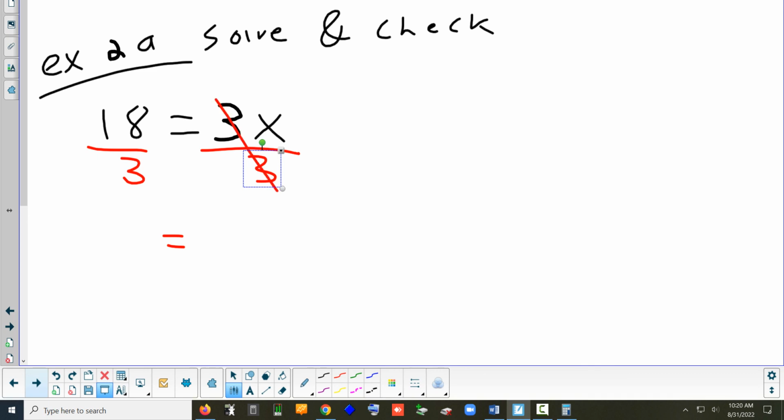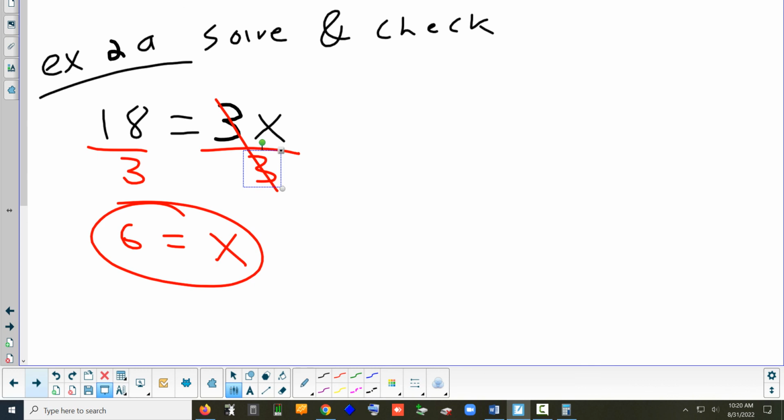So because that comes out to 1, we can cancel it out. And on the right-hand side, all we have is an x. Now the left-hand side, we can use a calculator if we need it. If we can figure it out without it, that's good. Anyone think they can tell me 18 divided by 3? How much, Abby? 6. There we go. So x equals 6.